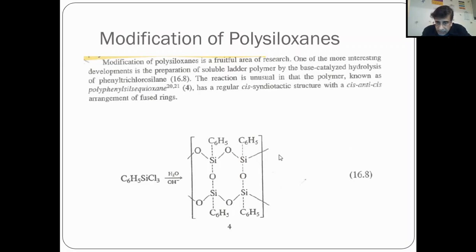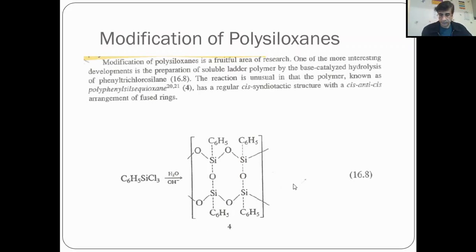If I draw the same structure here, but in this structure according to this anti, one of the C6H5 will go down. So if I compare this C6H5 with this one, this will be trans. That's why it's called anti-cis. And also it becomes syndiotactic because one is up and one is down. So that is why it is called cis syndiotactic structure.